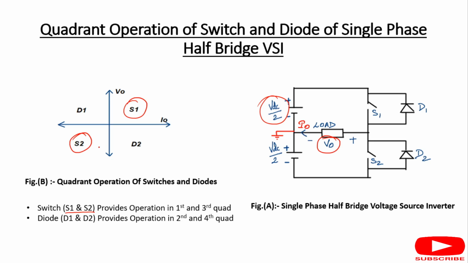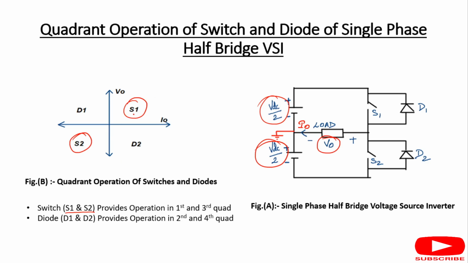But during the switching operation of S2, the polarity of the supply voltage and the output voltage are opposite, and the current flowing from the supply voltage VDC by 2 will flow in the opposite direction of the load current I0. So that's why S1 and S2 provide operation in the first and third quadrant.